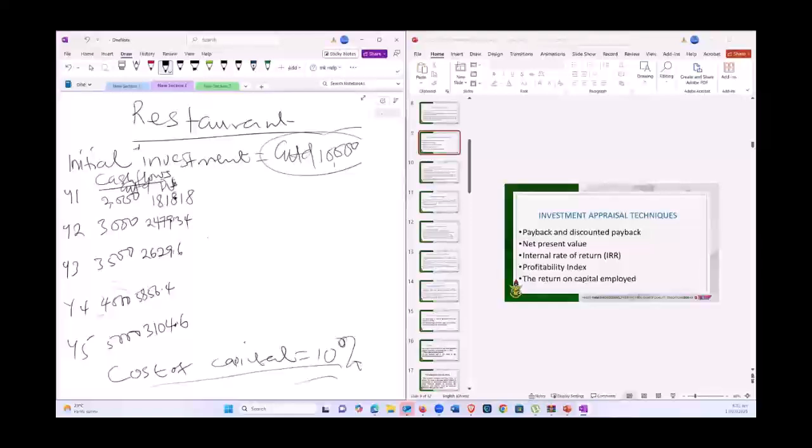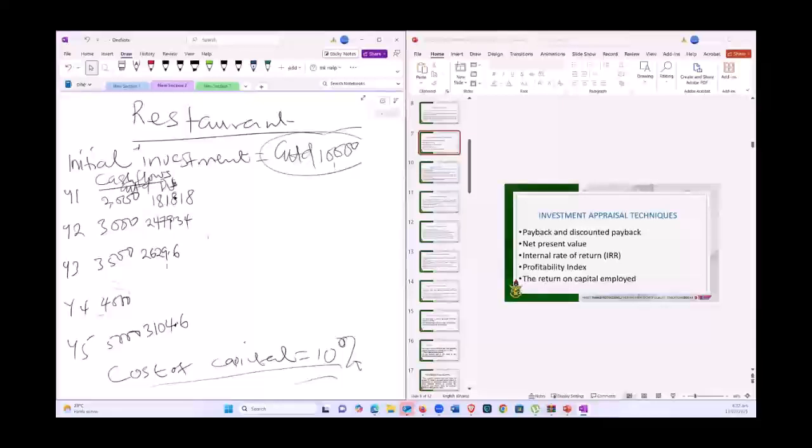2631. Dennis, you were confirming, and now you are saying we should bring correct figures. 2631 point what? No, sir, 2629.60. And year 4 is also wrong.